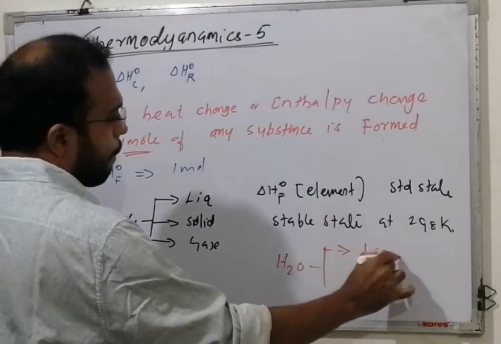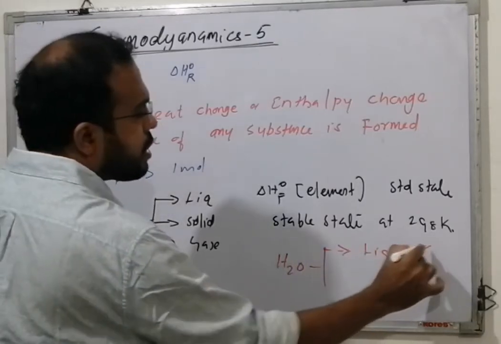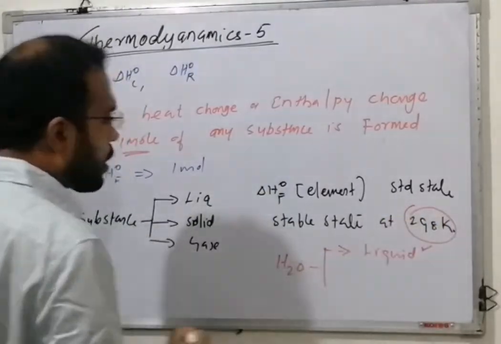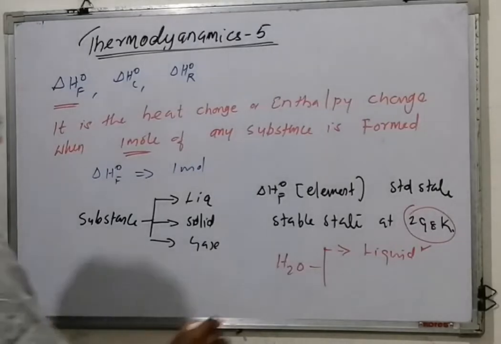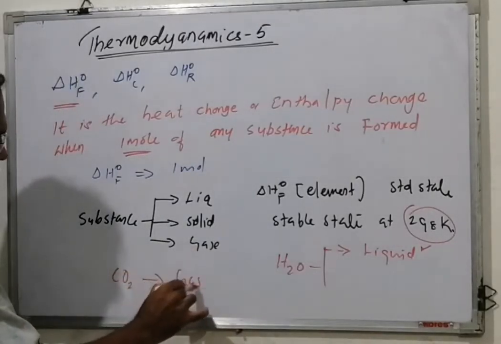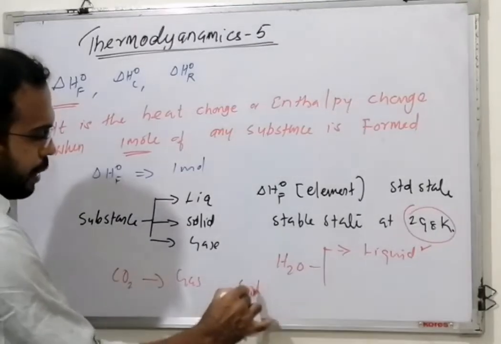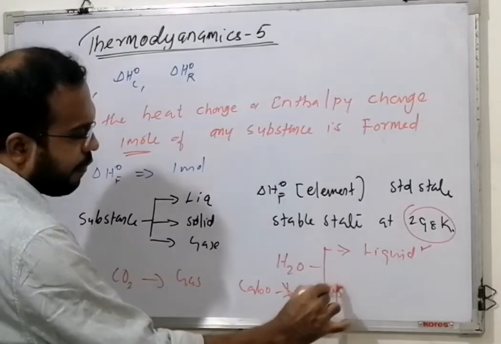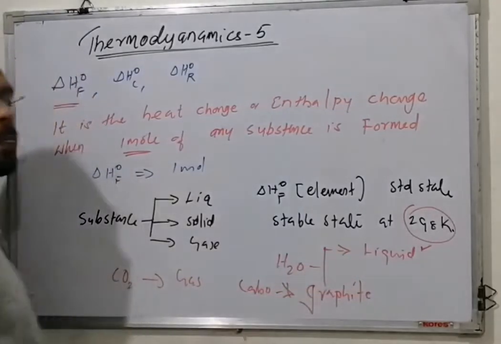Liquid, because at 298 Kelvin, water is in the liquid form. But for carbon dioxide, standard state is gaseous state. For carbon, standard state is, very careful, graphite, not diamond.